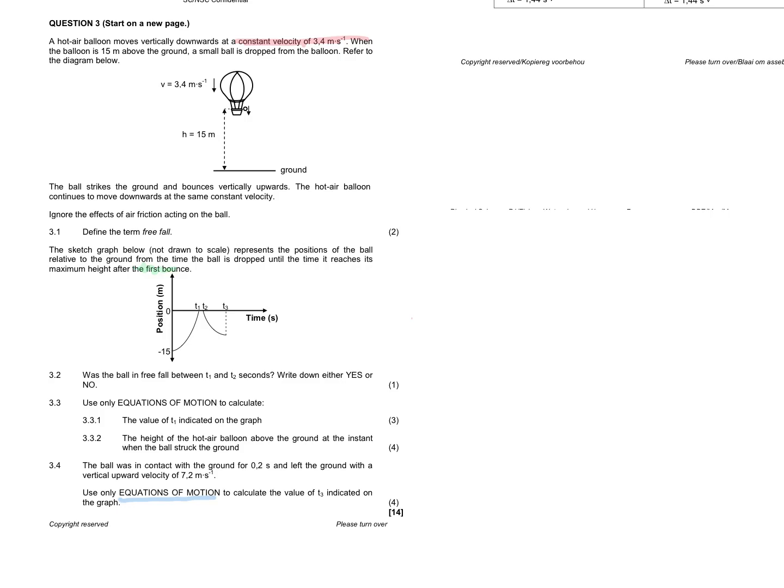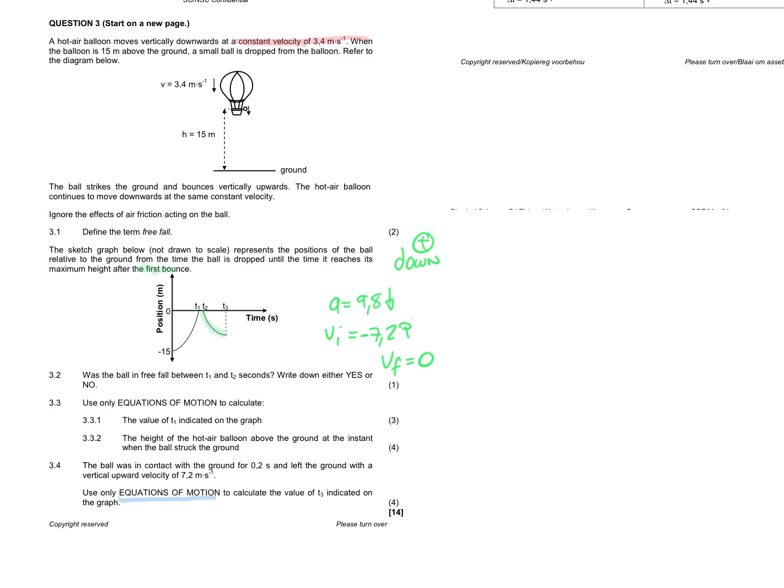So what they are saying is you need to get 3 numbers for this piece of movement, and A is going to be 9.8 downwards, as always. I would like down to be positive. The VI is 7.2 upwards, so in this case it would be negative 7.2, and the VF is going to be 0 because it always stops at the top.